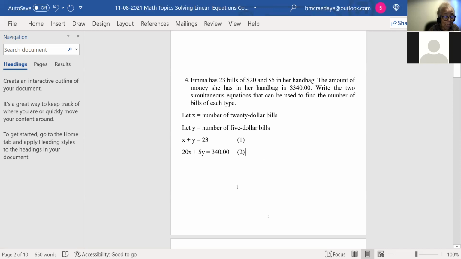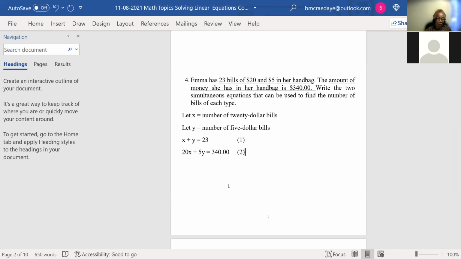Now, a $20 bill is worth 20, so 20 times the number of $20 bills gives you the amount that was 20s. 5 times Y gives you the amount that were $5 bills, and they add up to 340. That would be the answer to that one, Maureen. The two simultaneous equations. Got it? Okay.